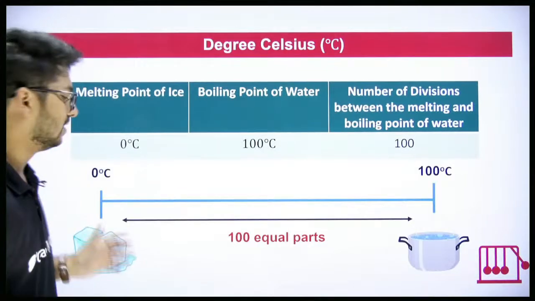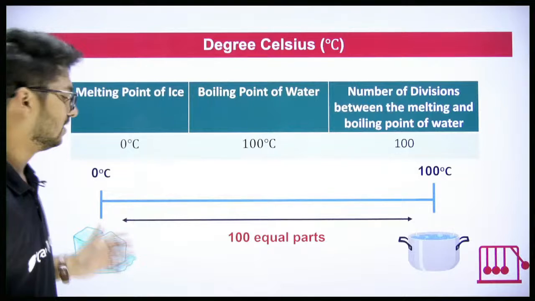Celsius is one of the standards, where the melting point of ice is 0 degree Celsius, the boiling point of water is 100 degree Celsius, and the number of divisions between the melting and boiling point of water is 100 minus 0, which is equal to 100. Clear?